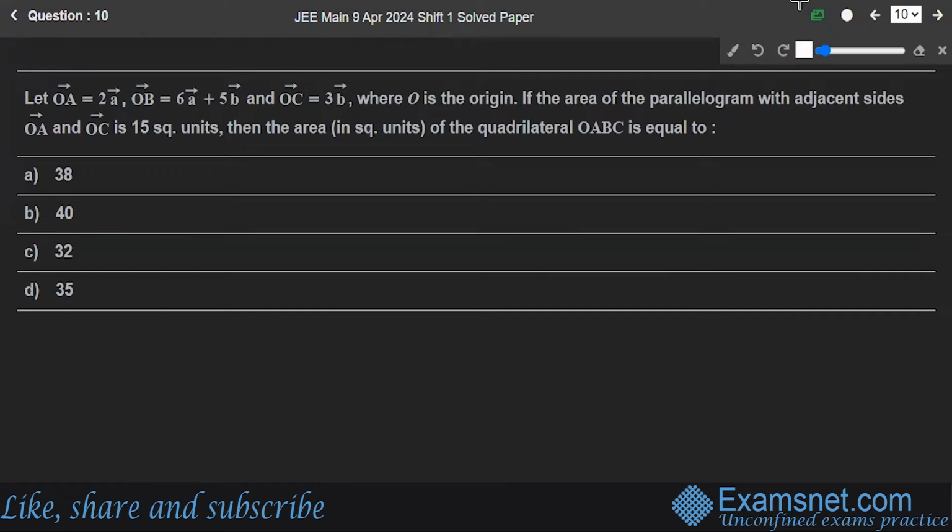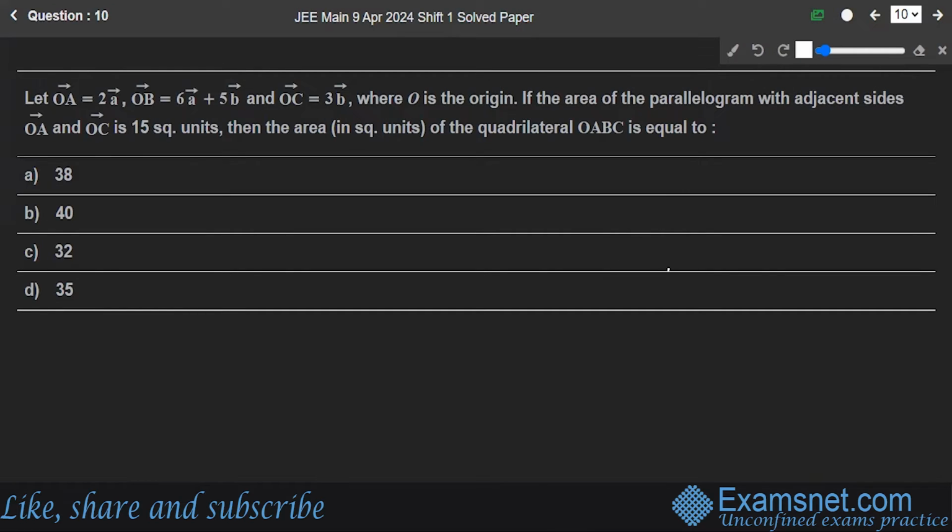Question number 10: let OA be given by this vector, OB is this, OC is this, where O is the origin. If the area of the parallelogram with the adjacent sides OA and OC is 15 square units, find the area of the quadrilateral OABC. So you are having this parallelogram.